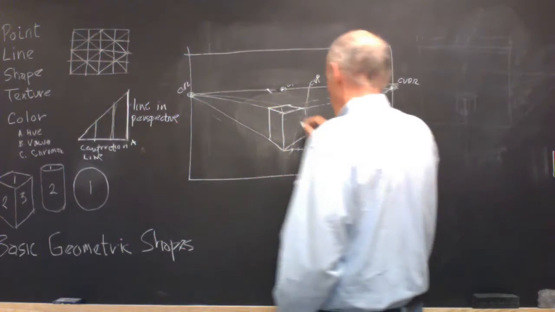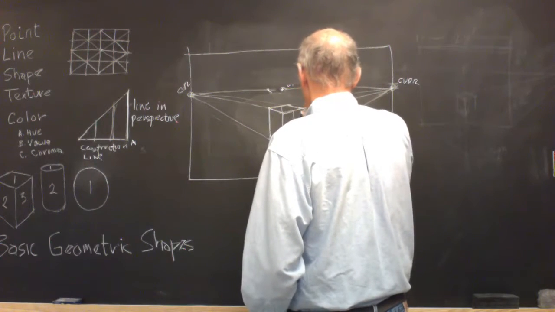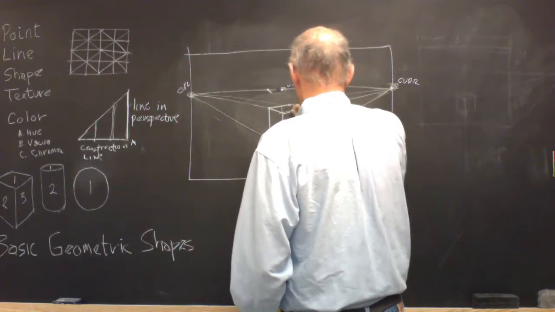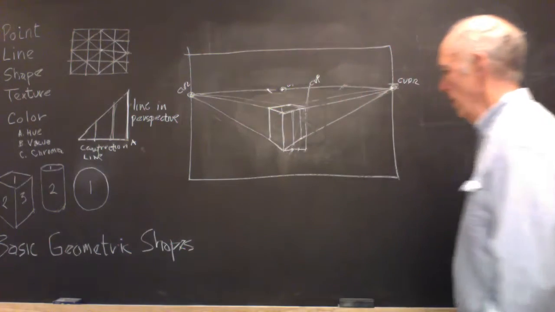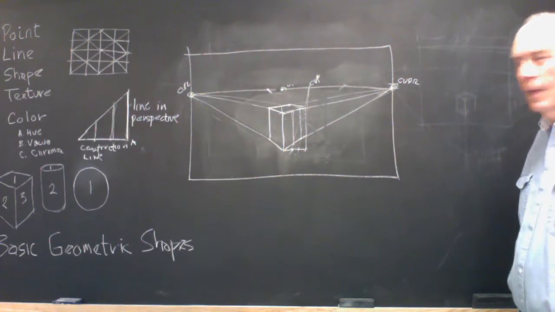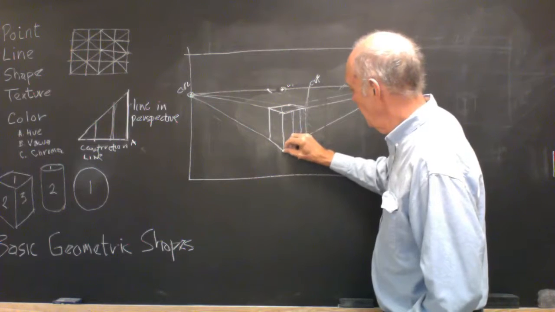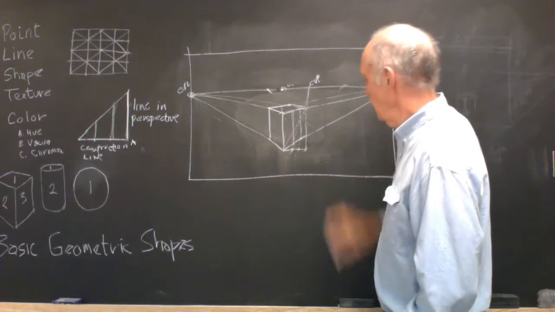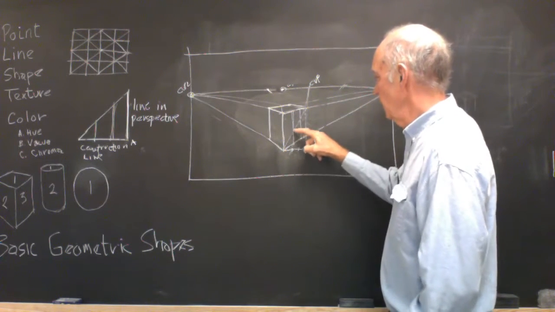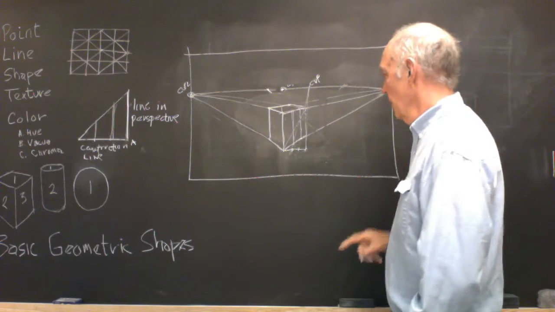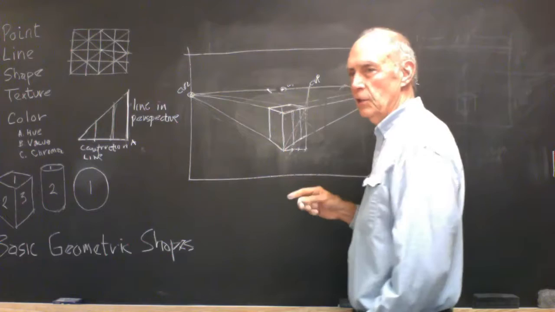Now I can draw my verticals. Like that. Now, if I draw a diagonal across here, guess what happens? It divides this vertical in 3 equal sections. So I can now start cutting steps out of this thing.